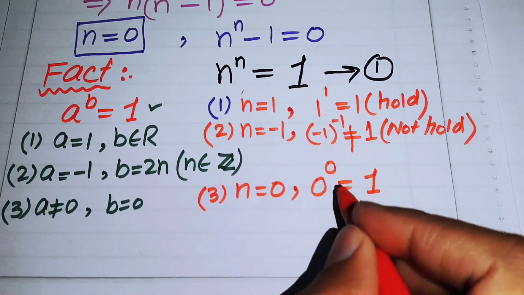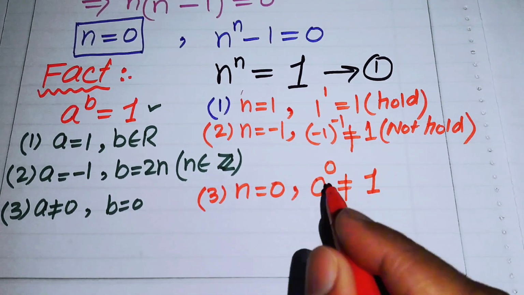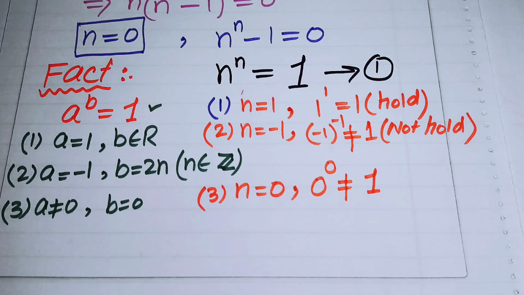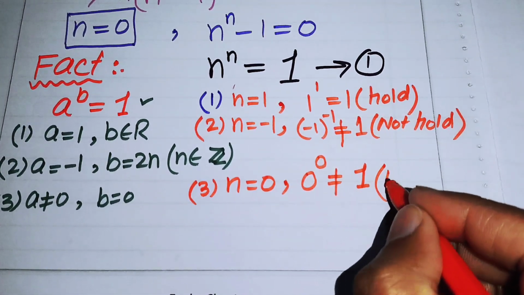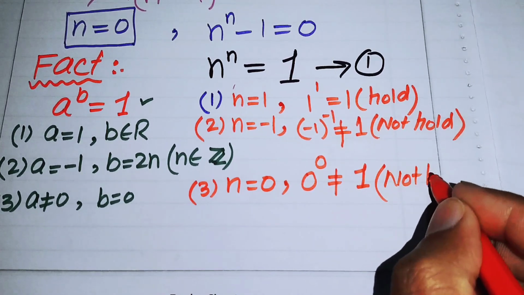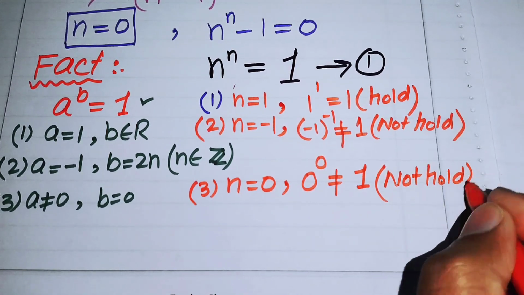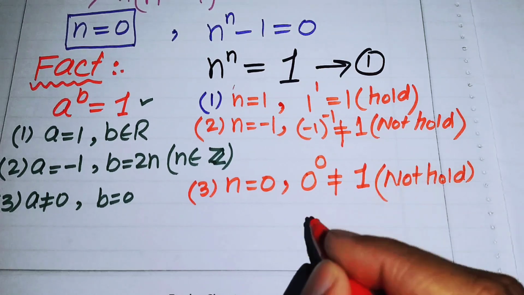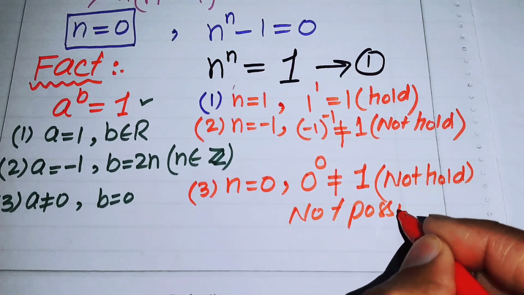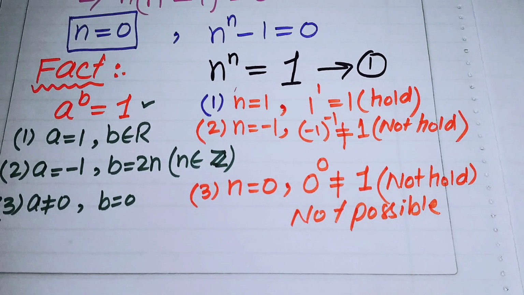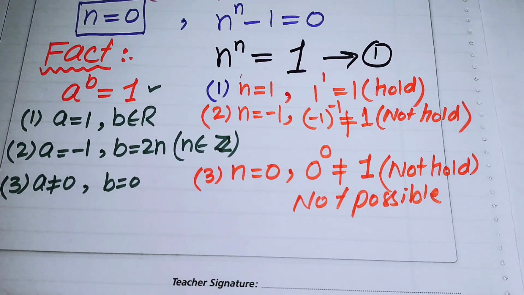And you know that it is not possible, because 0 to the power of 0 is undefined, so it does not hold. So these two cases do not satisfy the given expression.